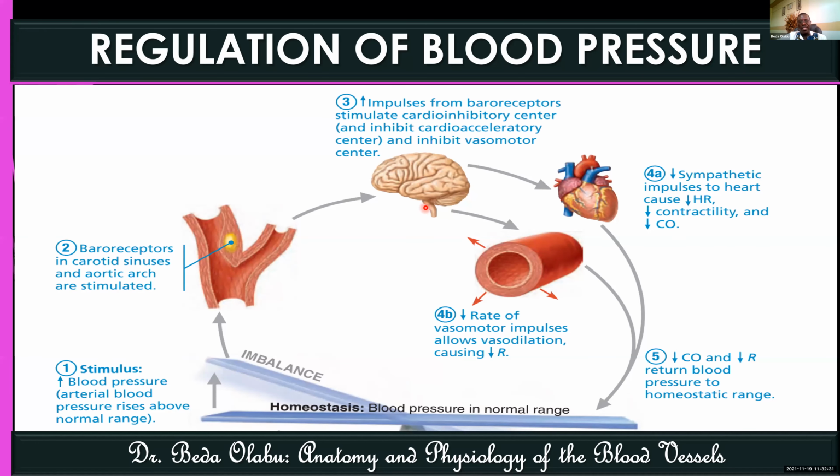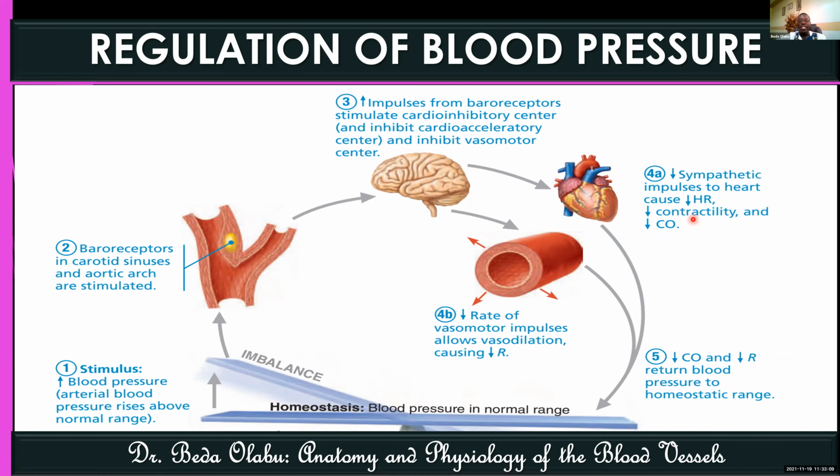The cardiovascular center is in the medulla. What happens? We will have information from the medulla that will reduce the sympathetic outflow. So if you have a reduction in the sympathetic discharge, what are we going to have? Negative chronotropy, negative inotropy, which means a reduction in heart rate and a reduction in contractility.